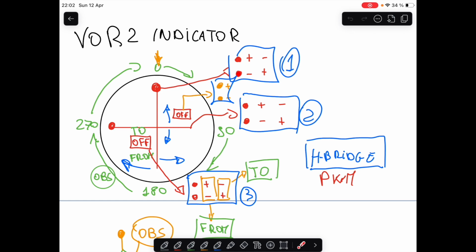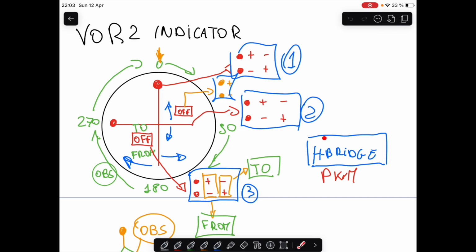We have two pins, and we can connect here plus minus or minus plus, and according to the polarity we give, we can have a movement towards the right or towards the left. Same thing for the glide slope needle. Here, we have two pins, which can again be plus minus or minus plus, and in this case we're going to have an upper or lower movement.